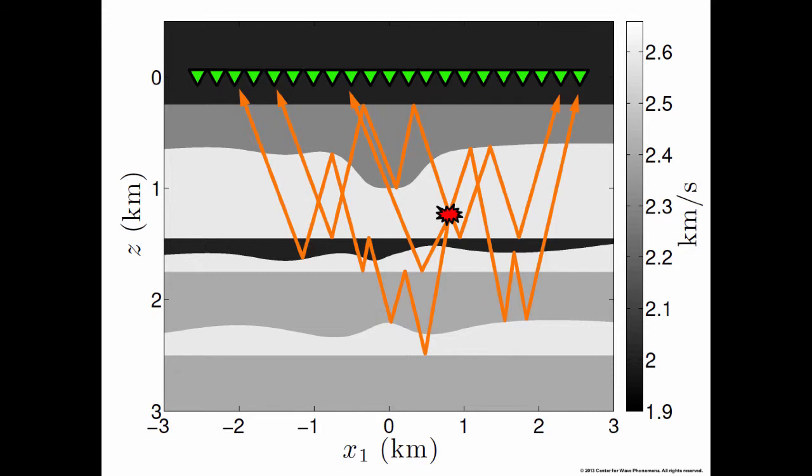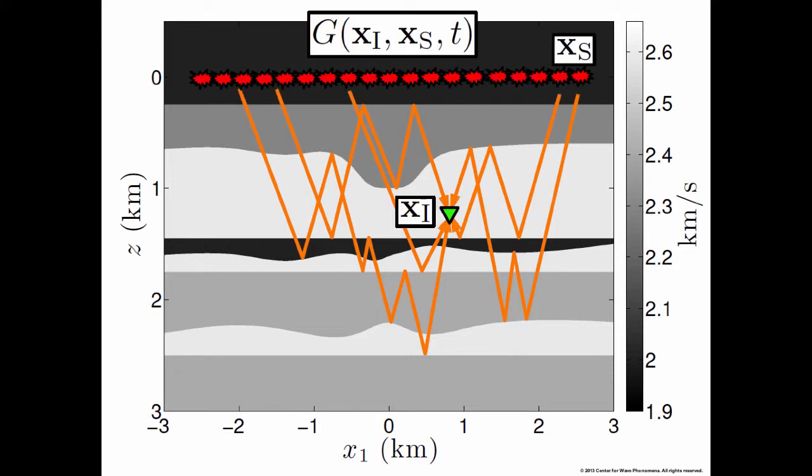And additionally, if we apply source-receiver reciprocity, this wave field corresponds to the wave field that originates from sources at this acquisition surface and is recorded at the location indicated by the green triangle.